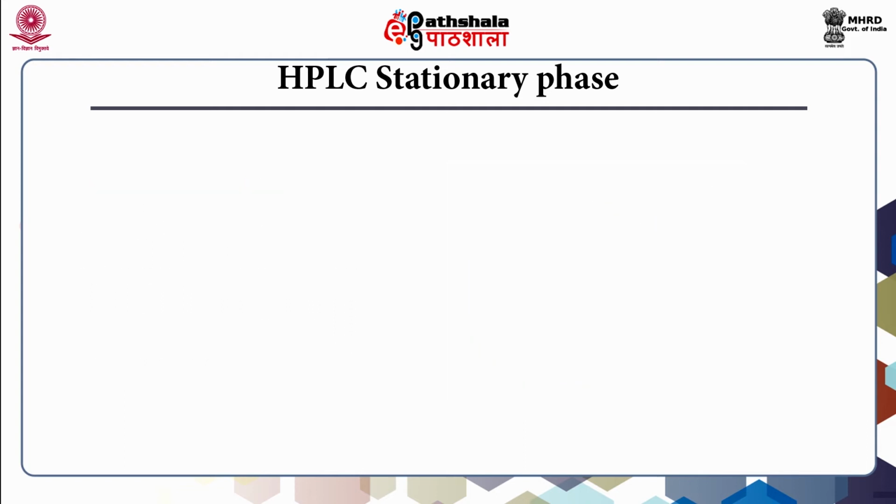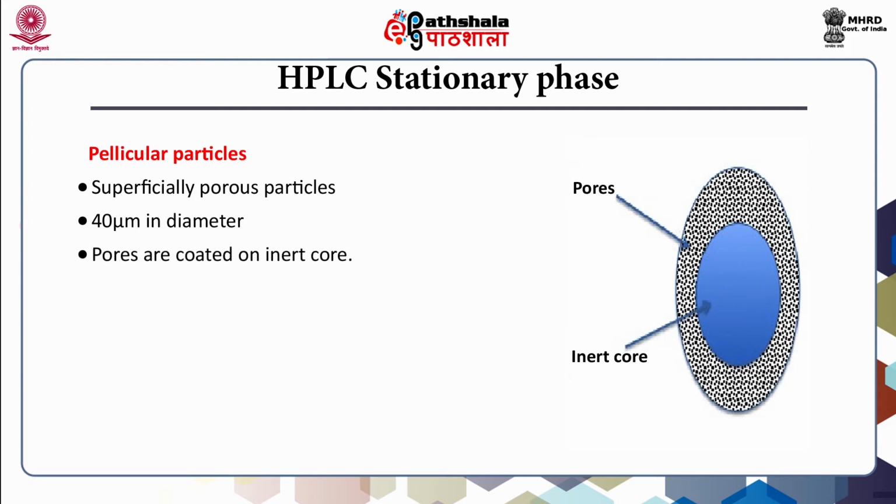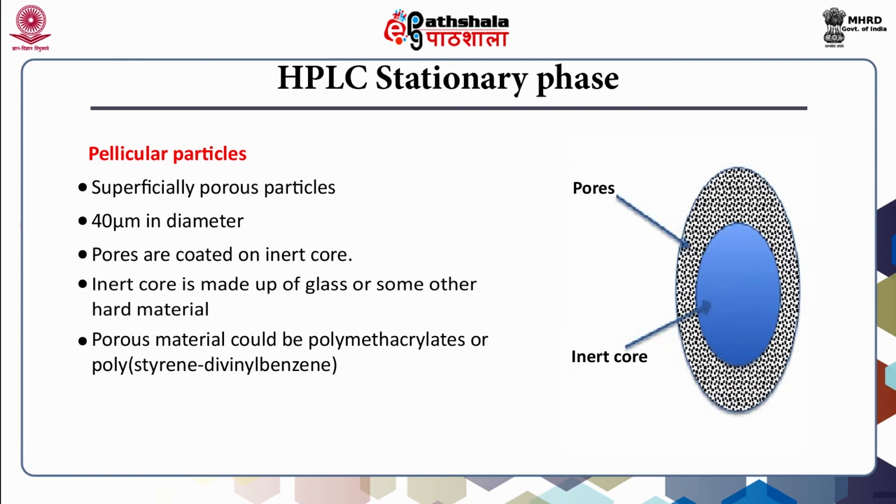The next stationary phase particle is pellicular particles. Pellicular particles are also called superficially porous particles, and they have a diameter of 40 micrometer, and these particles have an inert core on which the pores are coated. The inert core is made up of glass or some other hard material, but the porous material could be made up of polymethacrylates or polystyrene divinyl benzene.